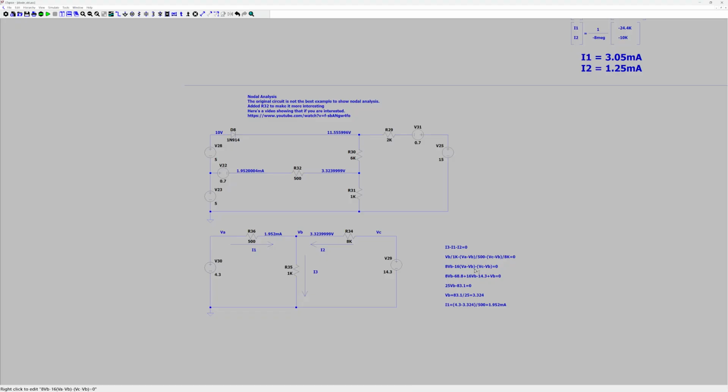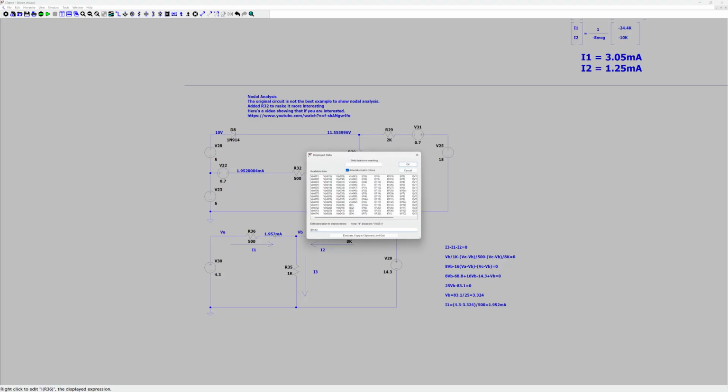You rewrite that to solve for VB, and you get VB equals 3.32, and I1 is 4.3 minus VB over 500, 1.952 milliamps, which is what the simulation also says.